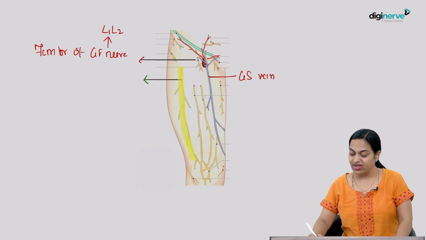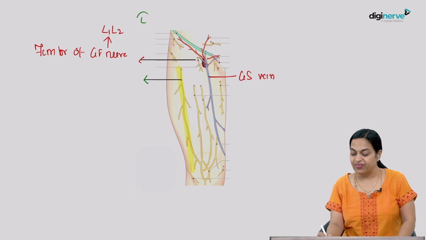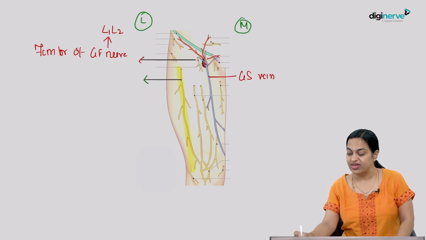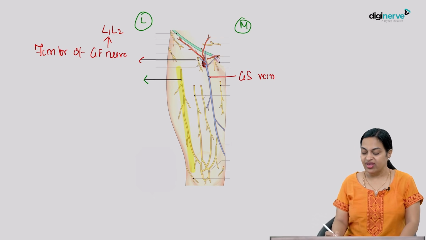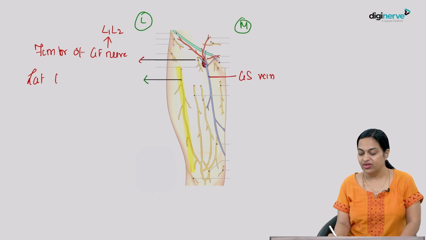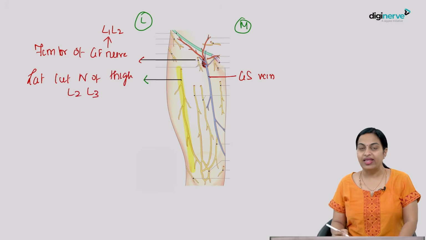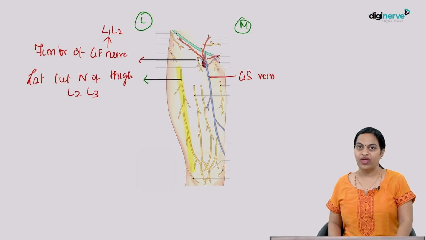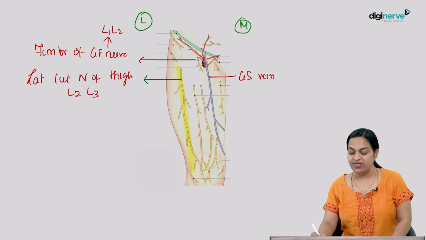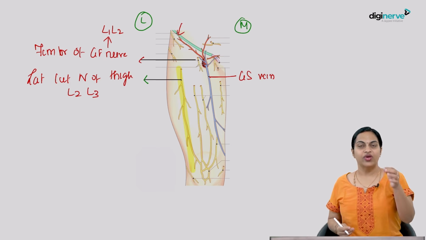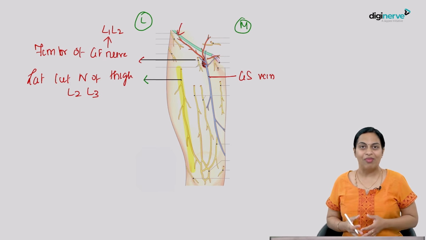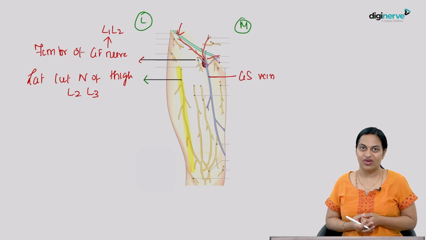yes, running along which aspect of the thigh? This is lateral, this is medial, isn't it? This nerve that you see here is the lateral cutaneous nerve of thigh, again coming from lumbar plexus L2, L3. Okay, so this nerve, it passes, this is the inguinal ligament, right? So these branches of lumbar plexus are in the abdomen, posterior abdominal wall.